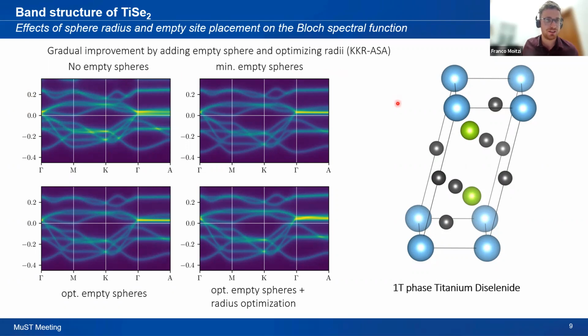Then, by placing the spheres gradually and also optimizing the radii, one can achieve, even with simple ASA calculations, a result that matches more precise calculations. You can really see, for example, how this degeneracy here changes.